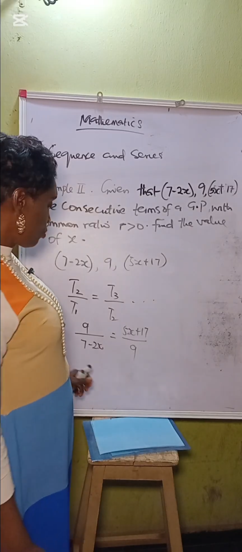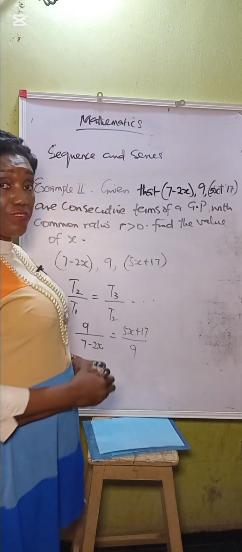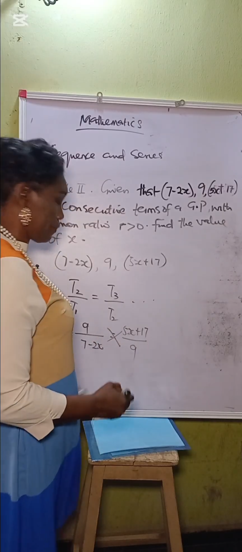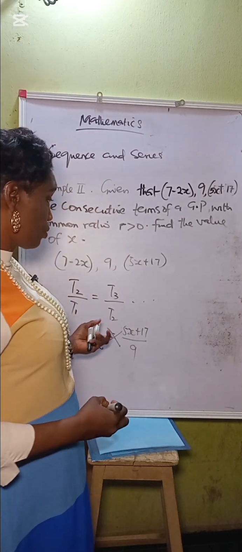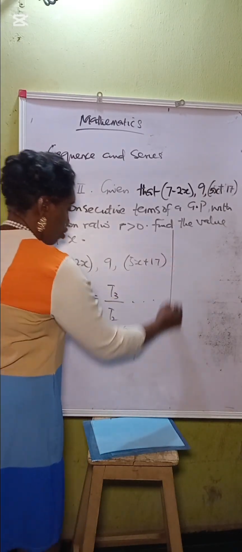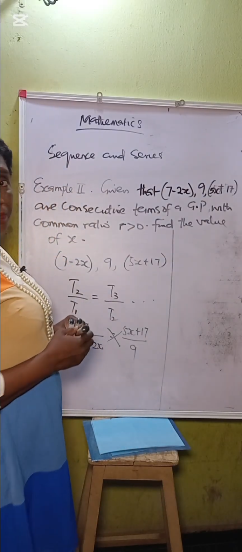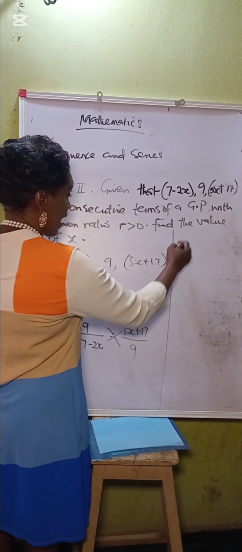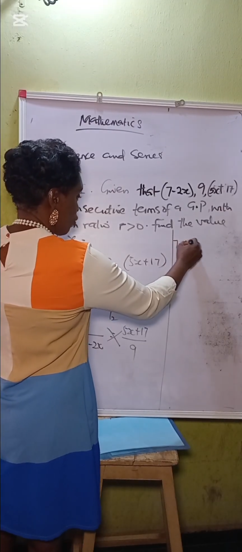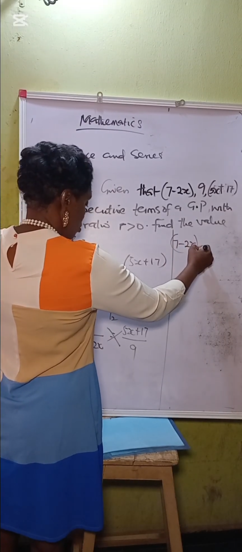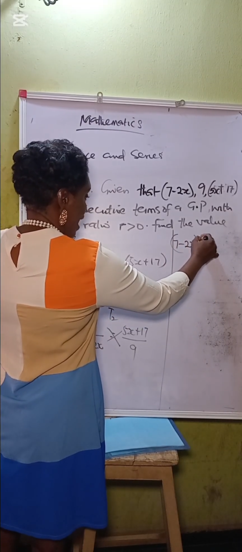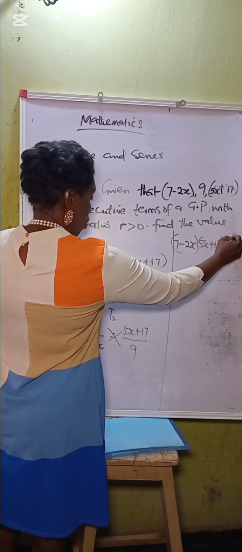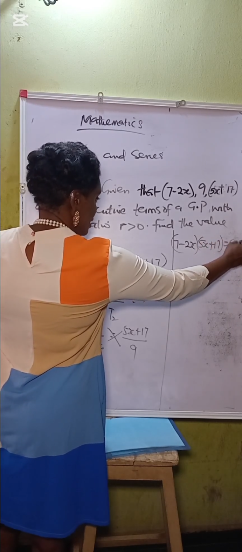Because we are asked to find the value of x, I am going to cross multiply. It's a straightforward question. When I cross multiply, I have 7 minus 2x multiplying 5x plus 17, all equal to 9 times 9.